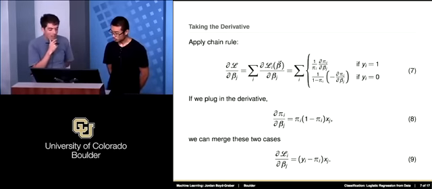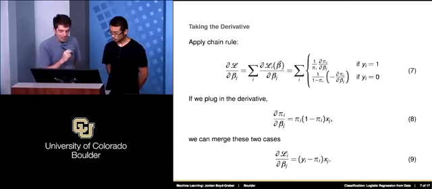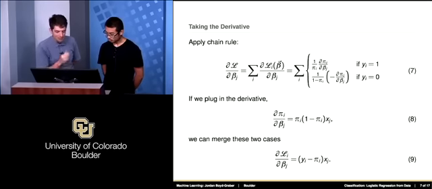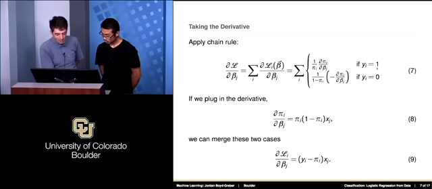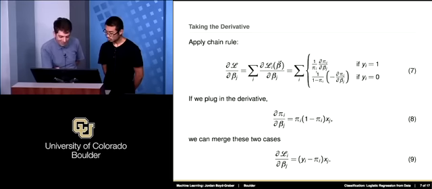Okay, so let's then apply the chain rule. So if you take the derivative of this, if y is 1, it's just, so we had log of pi_i, so that's 1 over pi_i times whatever was inside before. And then if y is 0, then it's 1 over 1 minus pi_i since that was inside the log.